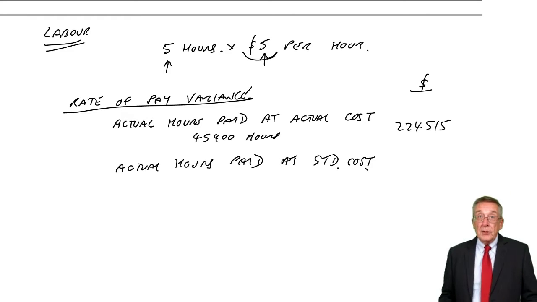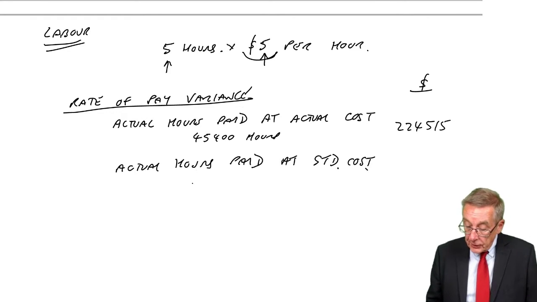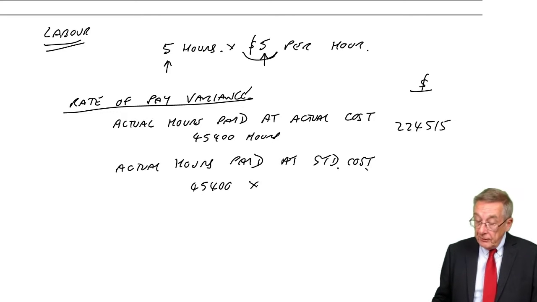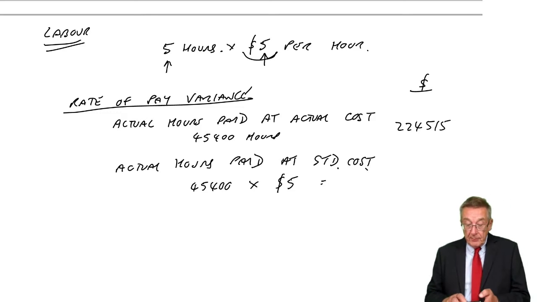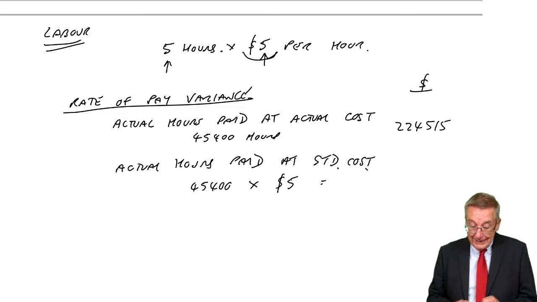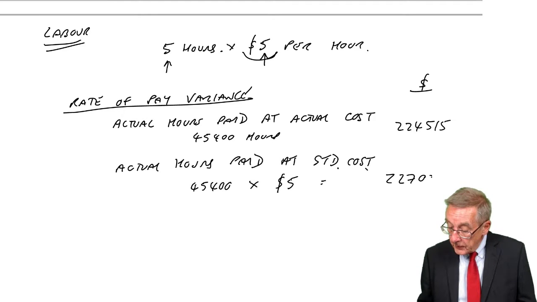Again, all I want to know is did we pay $5 an hour or didn't we? So for those actual hours of 45,400, we should have paid $5 per hour. We should have paid 227,000.